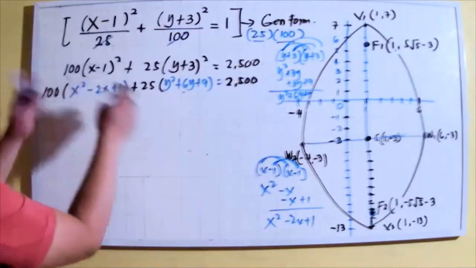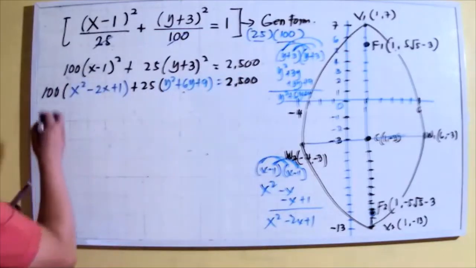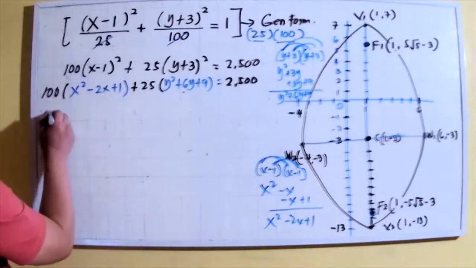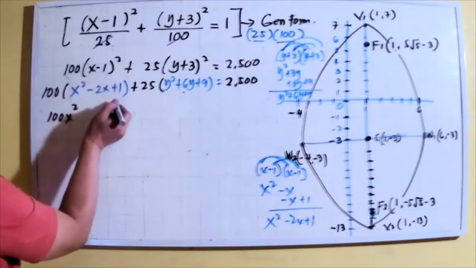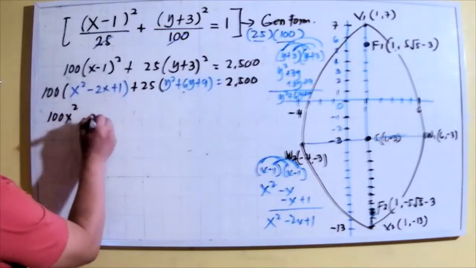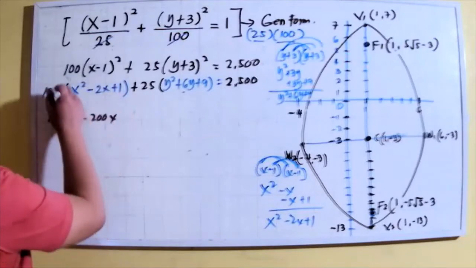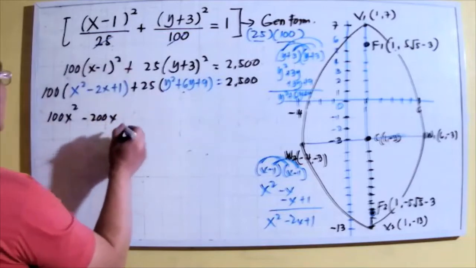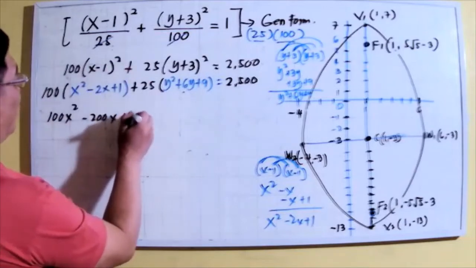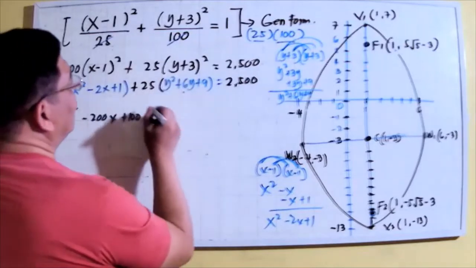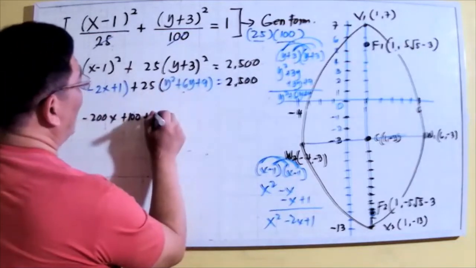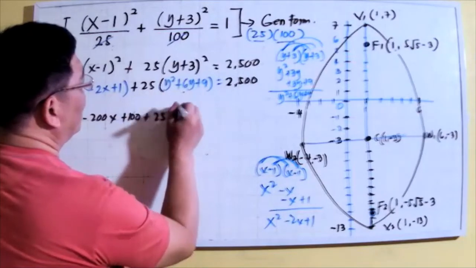And then distribute. We're going to distribute 100 times x squared. We have 100x squared. 100 times 2x, negative 200x. 100 times 1, that is positive 100. Ito naman, plus 25y squared.